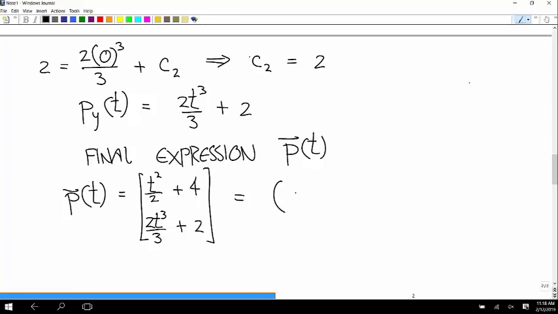Or you could write that as t squared over 2 plus 4 in the direction of the positive x-axis, and 2t cubed over 3 plus 2 in the direction of the y-axis.